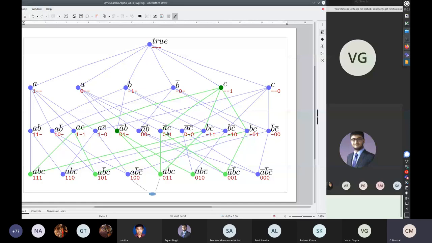So you are reducing not only the number of terms but also the size of the terms. For example, if you look at A bar BC and A bar B bar C, if you join this, you get A bar C. So if you take A bar C, you no longer need A bar BC and A bar B bar C, because both of these are covered by A bar C. Is that okay?